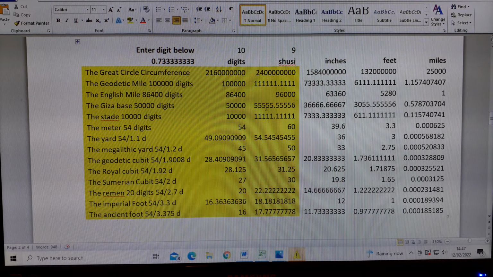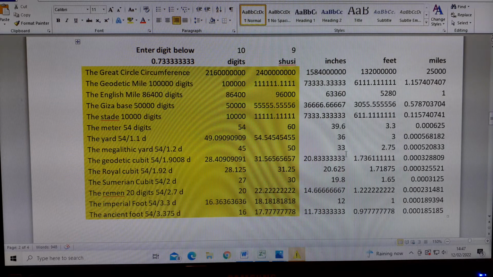The stade is just 1/10 of the geodetic mile, and now we come to the meter. 54 digits, 60 Shusy, 39.6 inches, 3.3 feet. The yard, 36 inches. The megalithic yard, 33 inches.